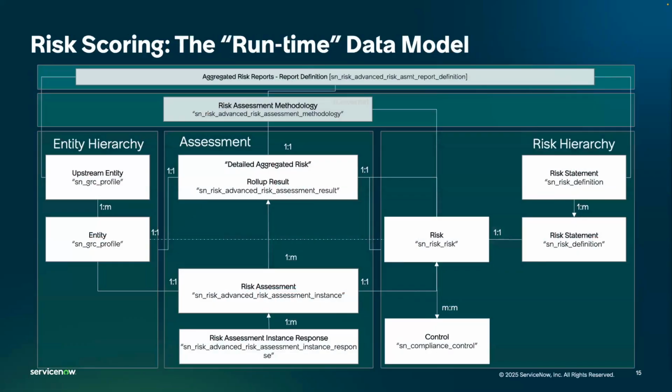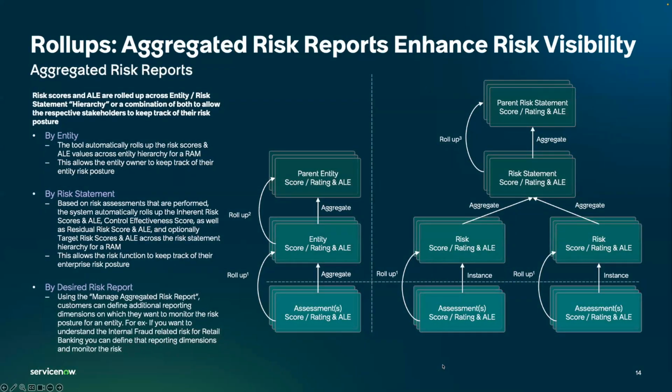On the right-hand side, roll up by risk statement. Same assessments at the bottom, but notice they are attached to risk instances. Those risks aggregate to their risk statement, the parent risk definition.